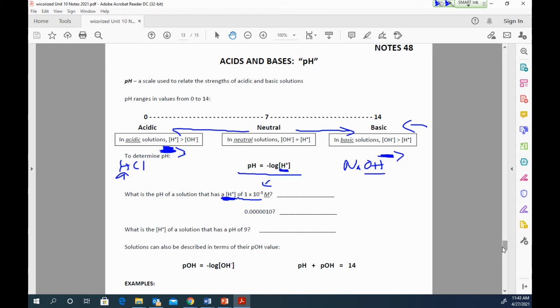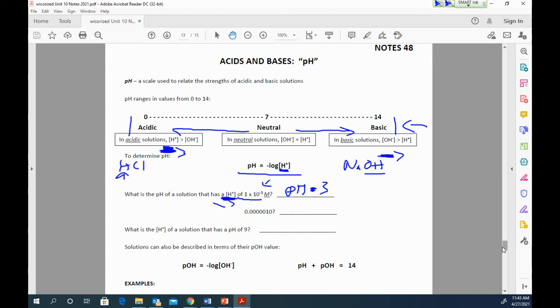If it says the H plus concentration is 1 times 10 to the negative something power, that exponent is the pH, but it's not negative. pH is never negative. See the values up here, it's 0 to 14, so it's not negative. So I just leave off that negative number. So in this case, the pH is 3, not negative 3, okay? So all I had to do was literally look at that exponent, and that's the answer.